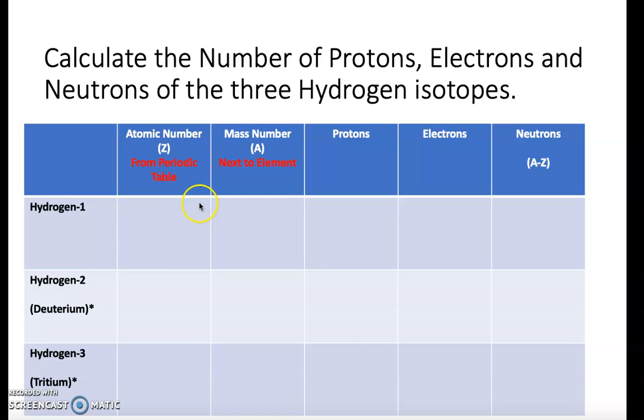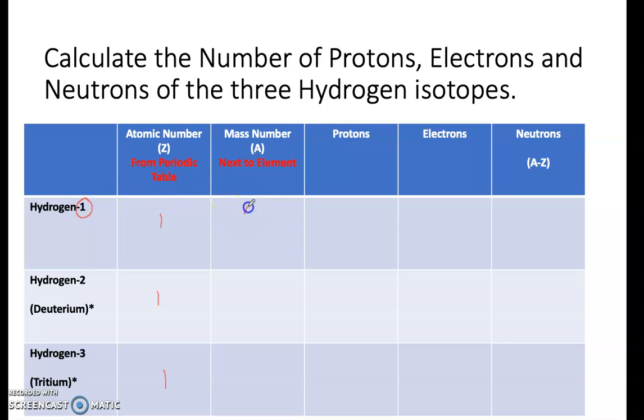Now, the atomic number from the periodic table, I'm just going to fill in the table here, is simply 1 for each of them. Now the mass number is going to be indicated by this number right here.